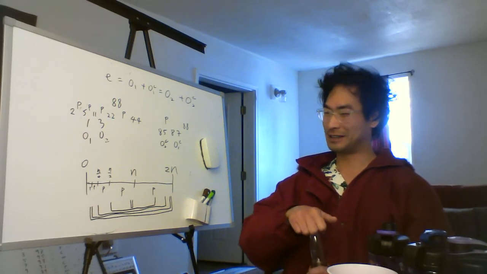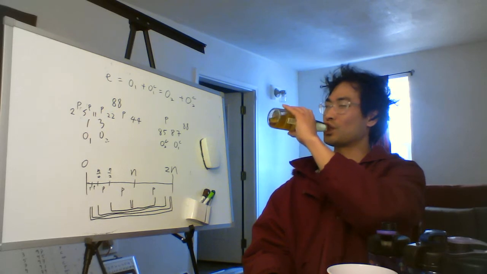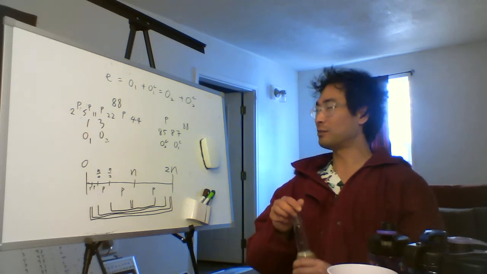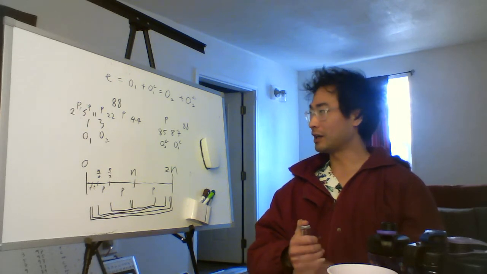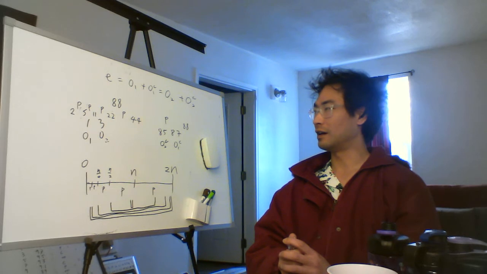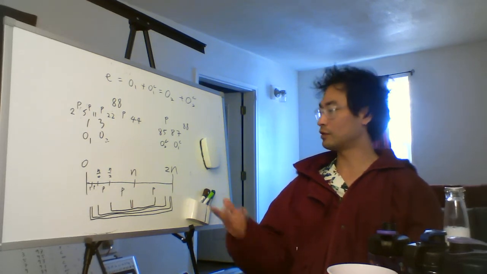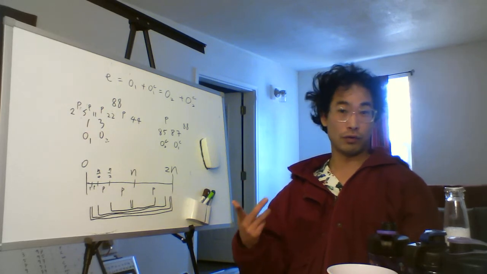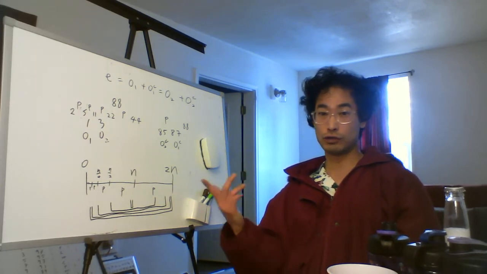Because there are some even integers that can be expressed only as a summation of two primes. What's that? 2, 4, 6, 8. What is 2? 1 plus 1.